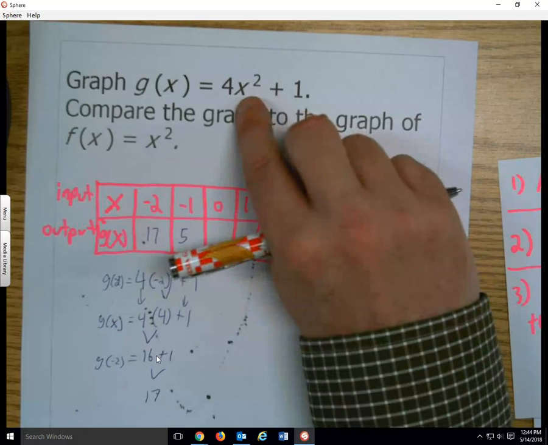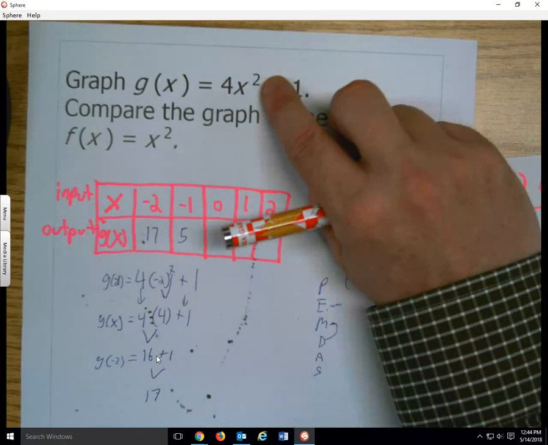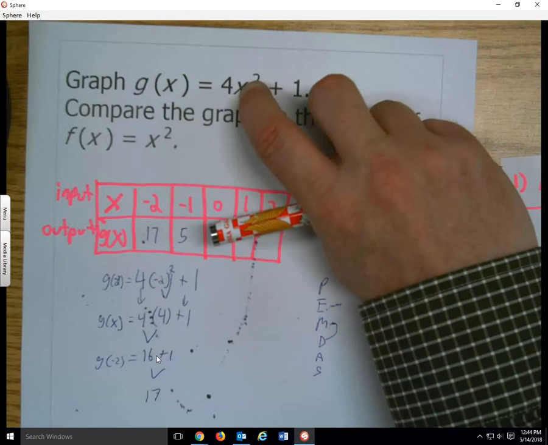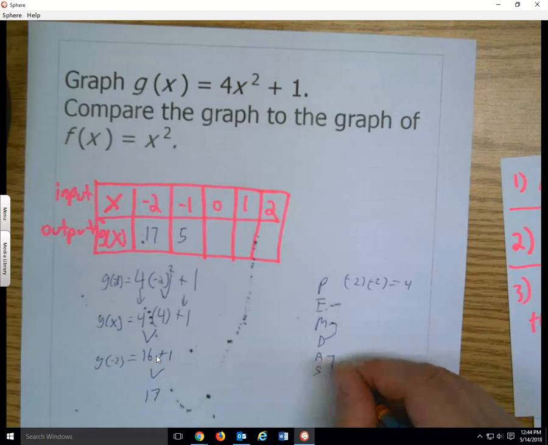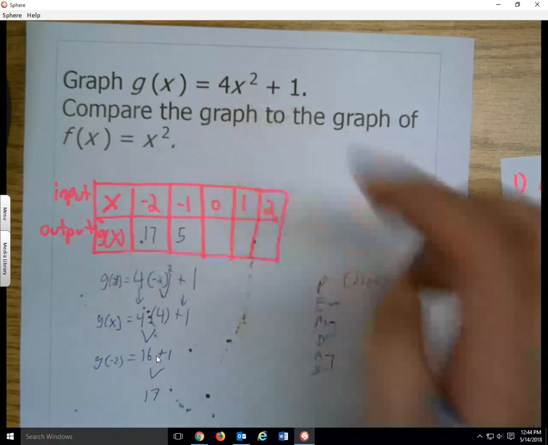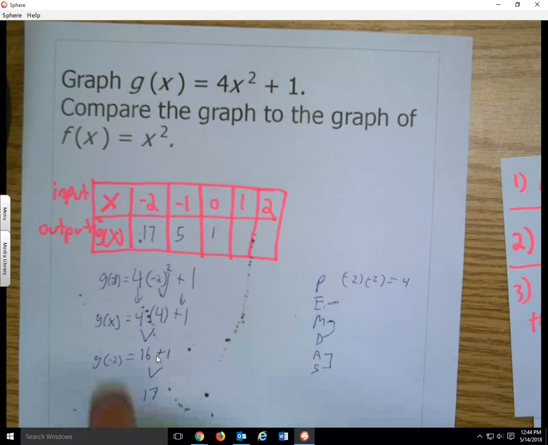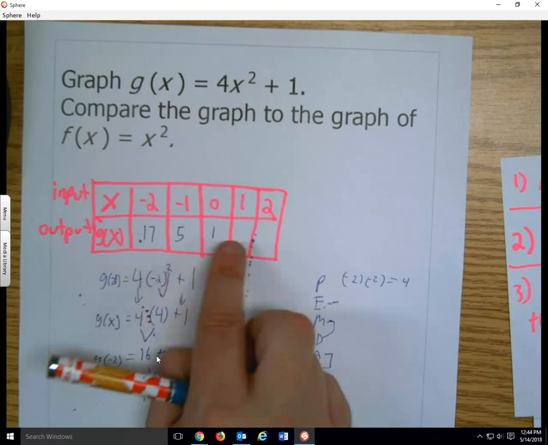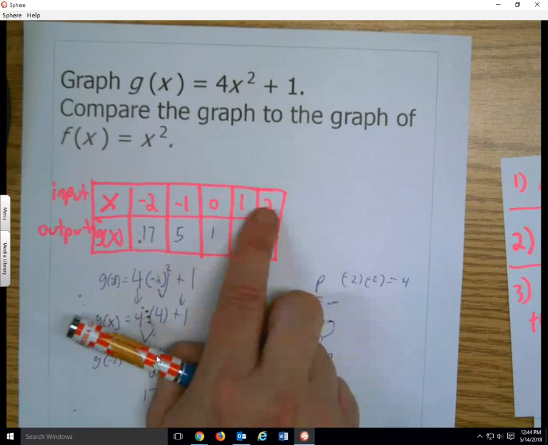Well, 0 squared, remember you're doing the exponents first, is 0. Then you multiply: 0 times 4 is still 0. But then you add or subtract, depending on which one's more to the left, so 0 plus 1 would be 1. Now earlier, everything we did mirrored numerically. You could see this pattern that if I put in a negative 2, I would get the same answer as if I put in positive 2.